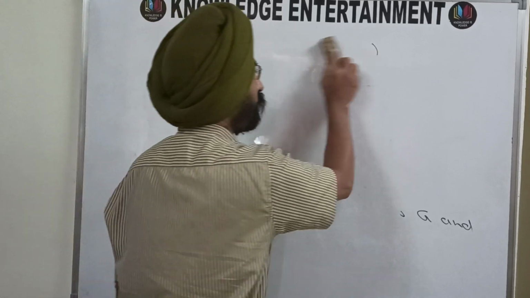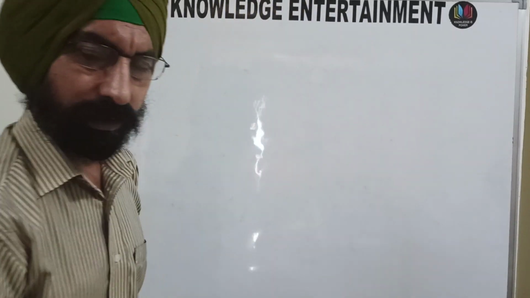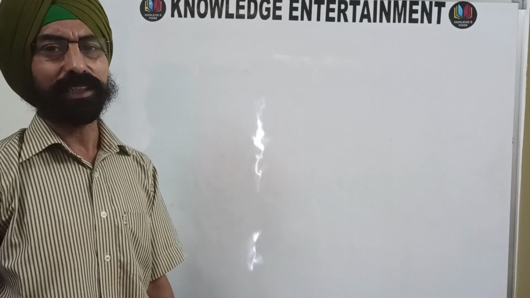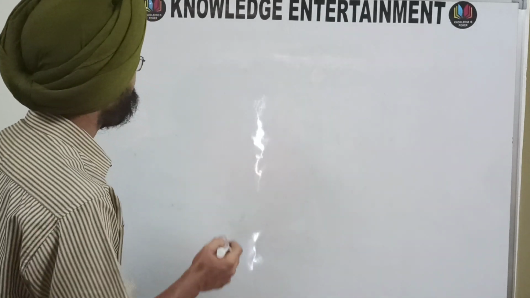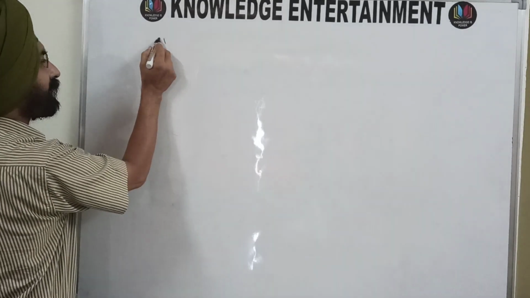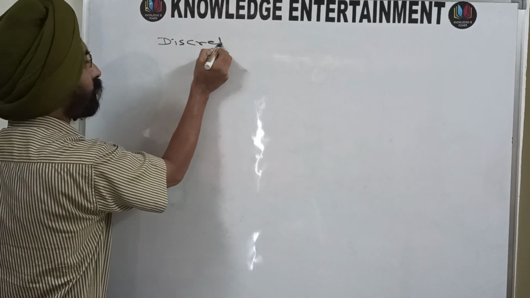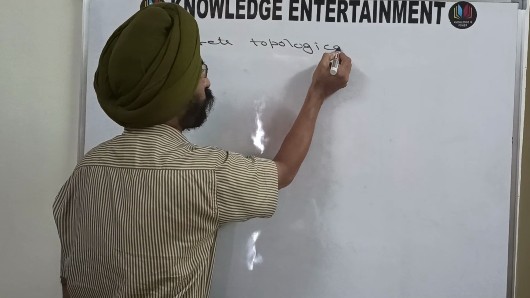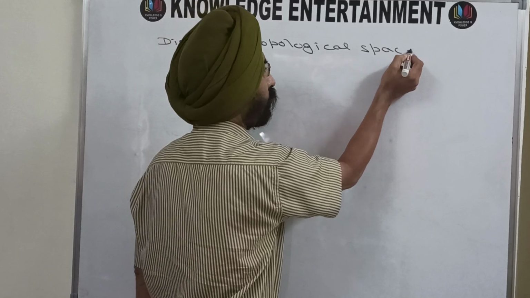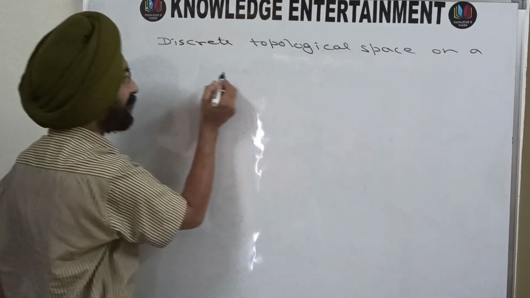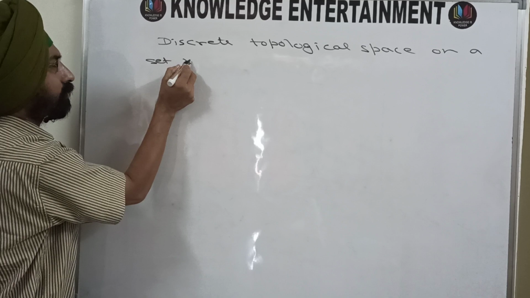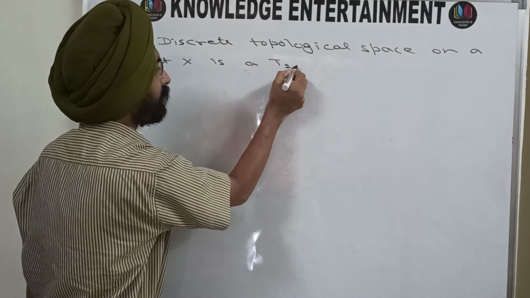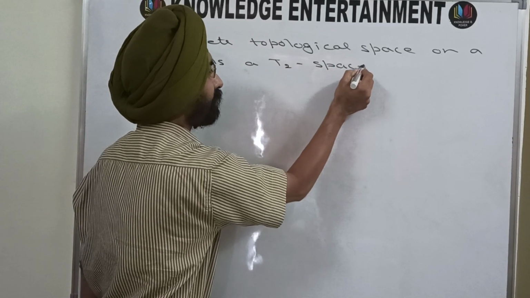Now we move on to the examples. So the very first example is the discrete topological space on a set X, whatever the set X may be, is a T2 space.